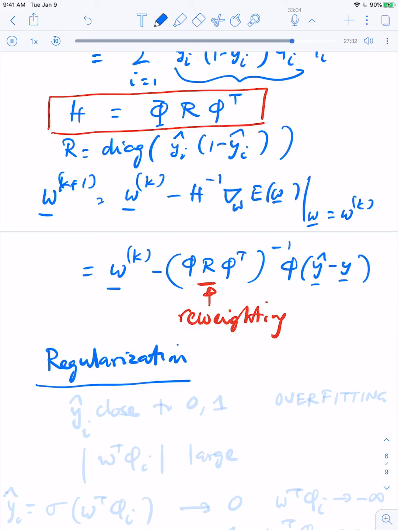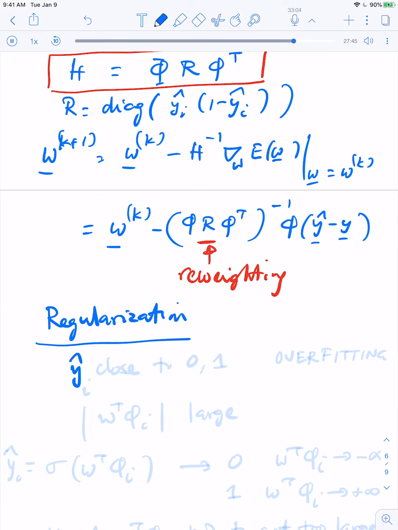What does a really good result mean? It means that my y hats are going to be really close to the labels that you give me. The labels that you give me are 0 and 1. So y hat close to 0 or 1 often corresponds to overfitting the training data, right?